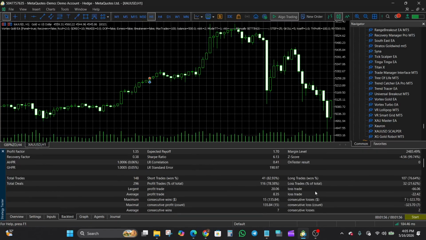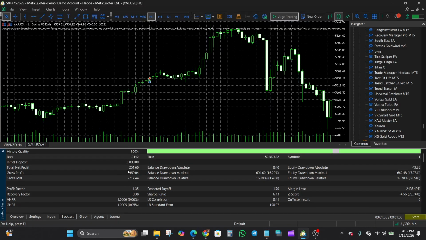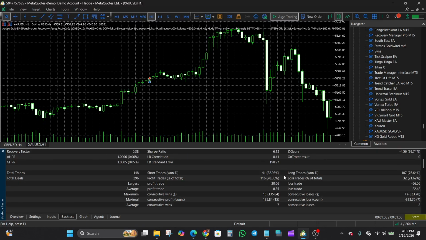Had it been we had 50% win rate, I believe this would have been a net loss. Sorry. Had it been we had 50% win rate, the net profit would have been negative. But because we have quite a high win rate, that is the reason why the net profit is still positive, despite the poor risk to reward ratio.